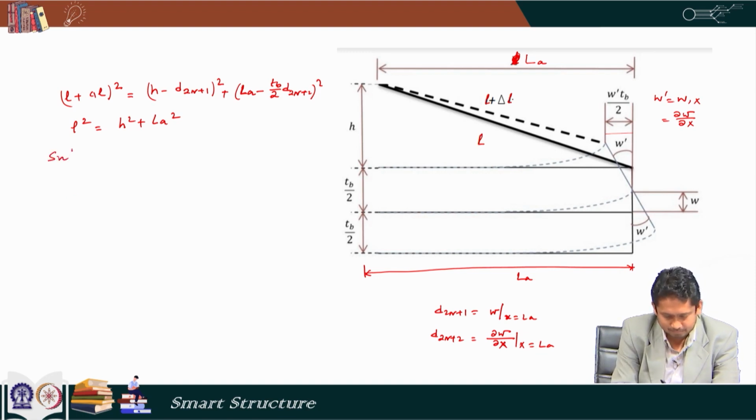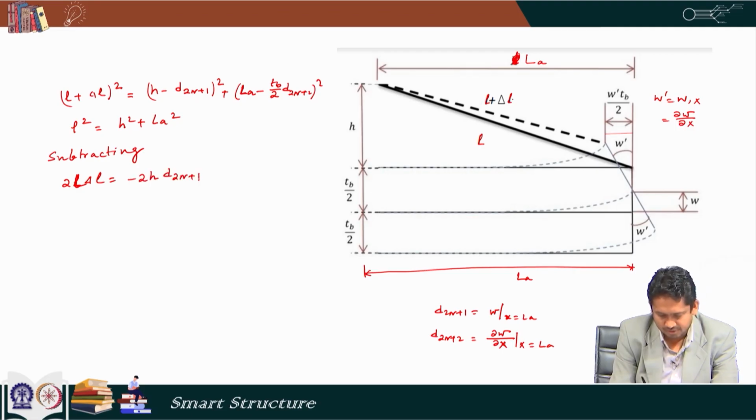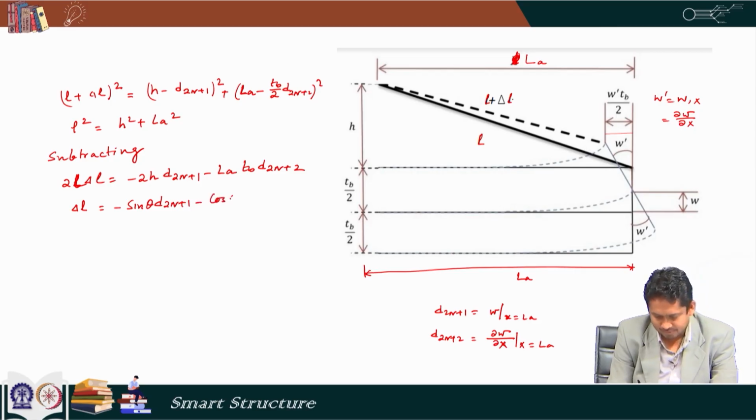Then subtracting, we can get 2 small l del l equal to minus 2 h d 2 n plus 1 minus L A T b d 2 n plus 2, and then it becomes del l equal to minus sin theta d 2 n plus 1 minus cosine theta into T b by 2 d 2 n plus 2.